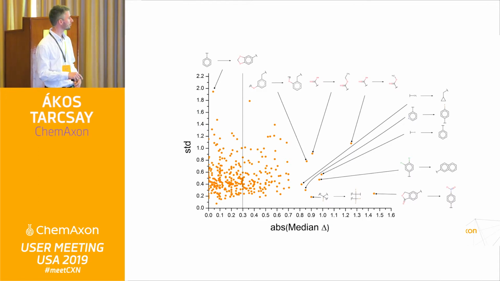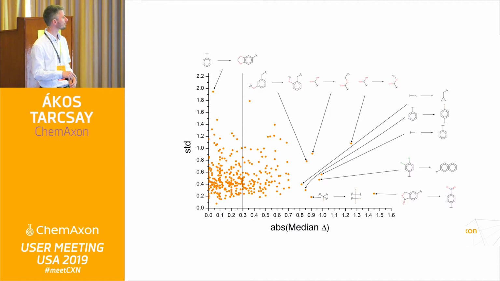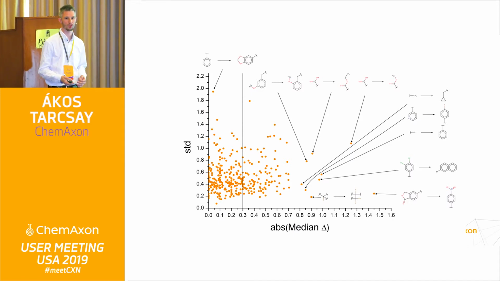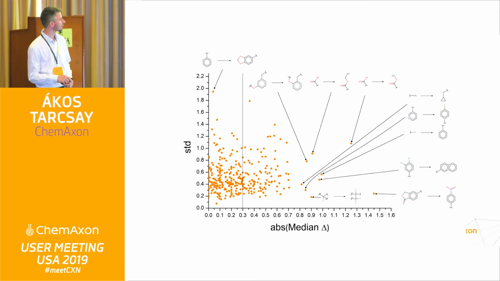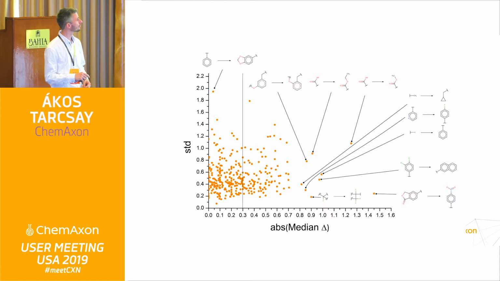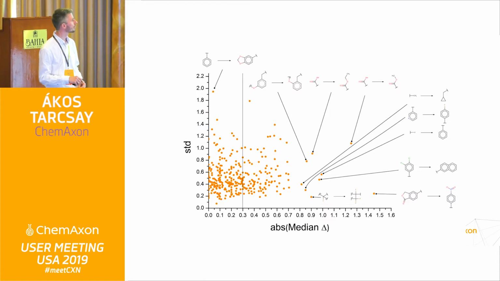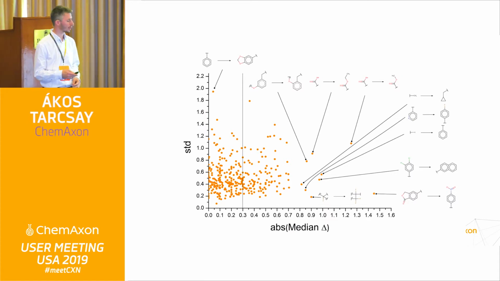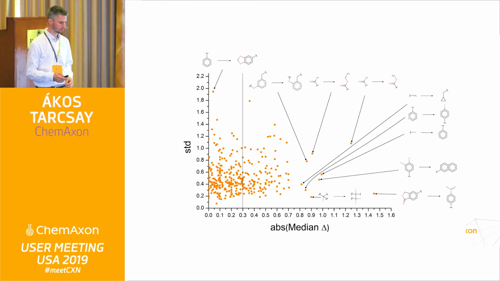And if the absolute median delta is high enough, then you can select these cases as being the most meaningful ones, which you can really utilize during your calculation. You can find well-known pairs here, like carboxyl to methyl ester. These are probably well-known examples.